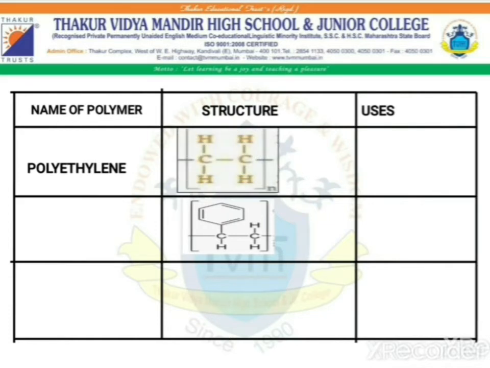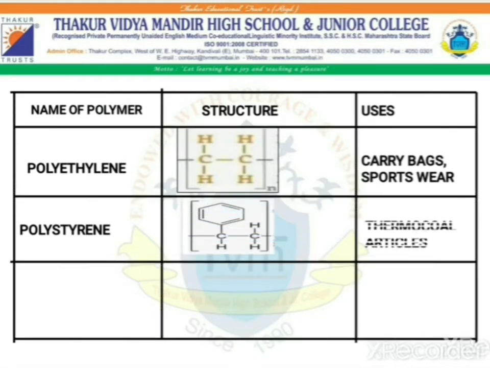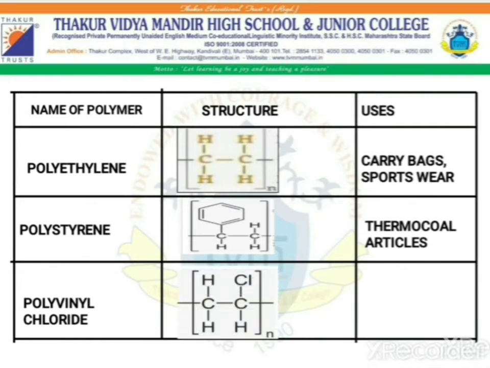Now this is the polyethylene which we use in polythene bags, that is plastic carry bags, and sportswear. The next example is polystyrene. Polystyrene is used in thermocol articles. The third one is polyvinyl chloride, commonly known as PVC.